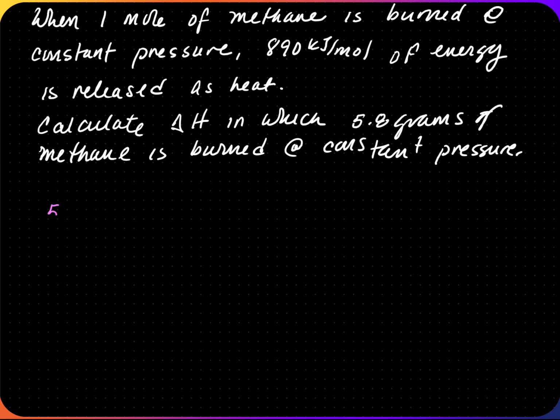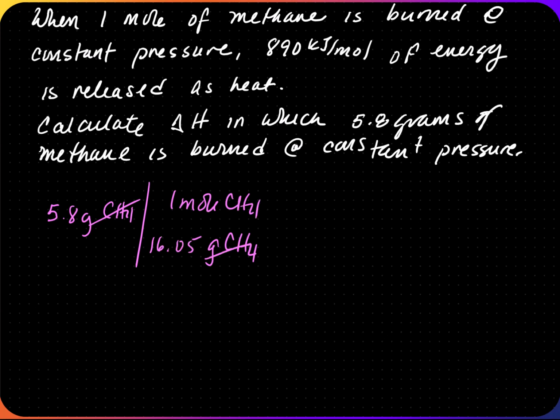So we're going to start with 5.8 grams of methane. Diagonal units have to be the same, so grams CH4, and we're going to go to moles of methane, which equals 16.05 grams of methane. There's 1 mole per 890 kilojoules.